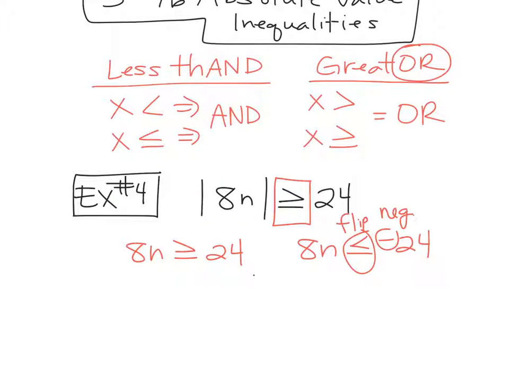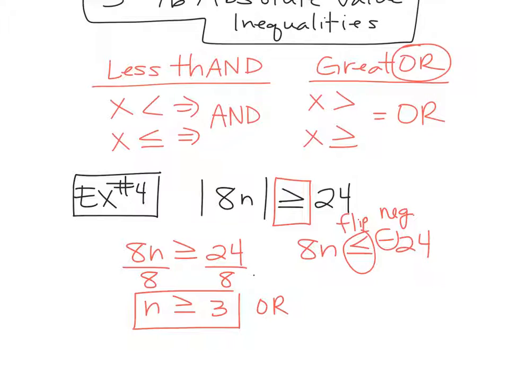So you have this set up. We're going to solve it. We're going to divide by 8 here. So n is going to be greater than or equal to 3. And we said it's greater, so this is an or problem. Over here, you're going to divide by 8, so n is going to be less than or equal to -3.